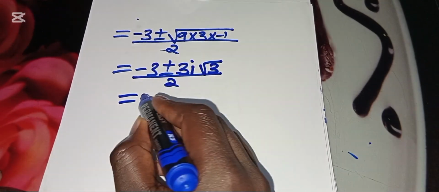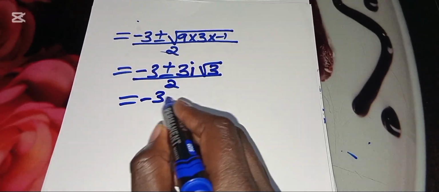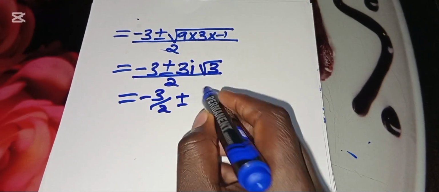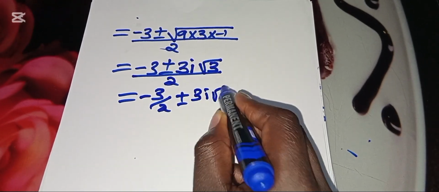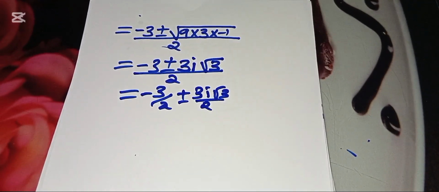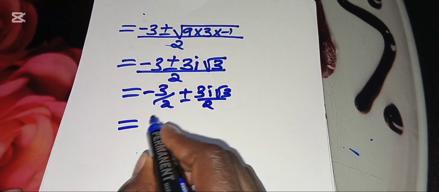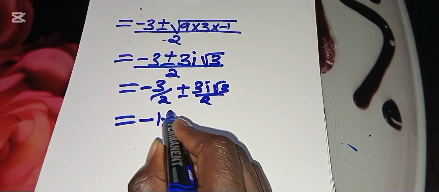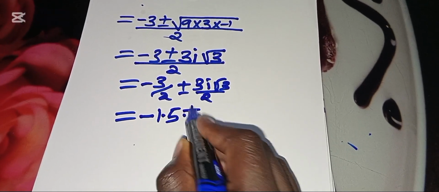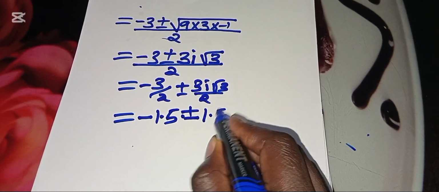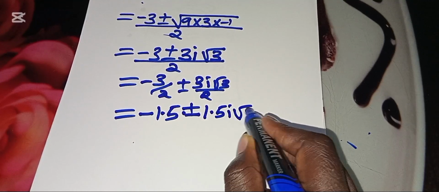So we're going to have negative 3 divided by 2 plus or minus 3i square root of 3 divided by 2. That is negative 1.5 plus or minus 1.5i square root of 3.